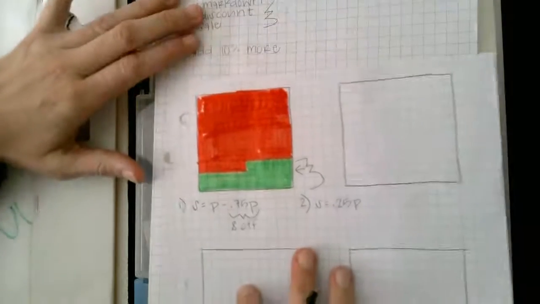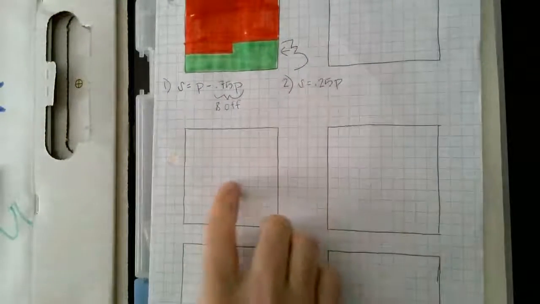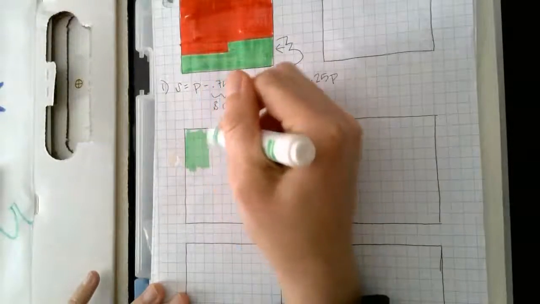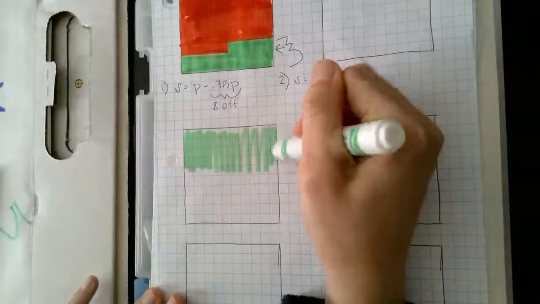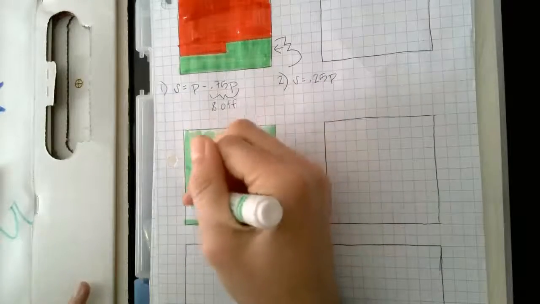And now I want to talk about, we're going to add 10% more. So what that means is we have 100%. So we have our whole, one whole.